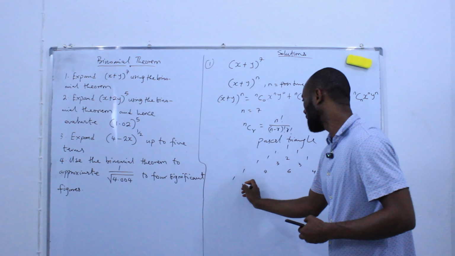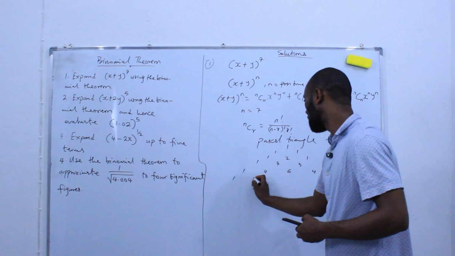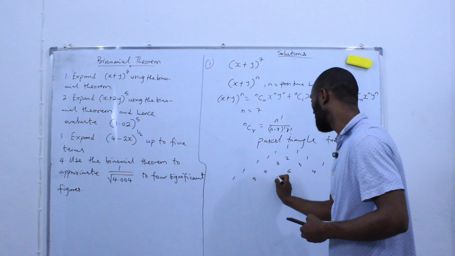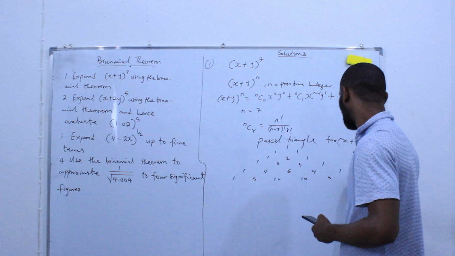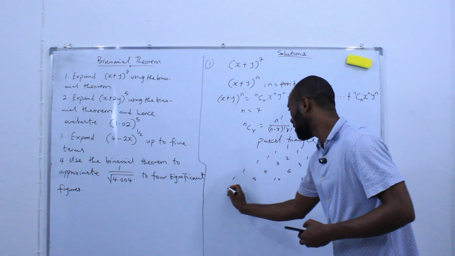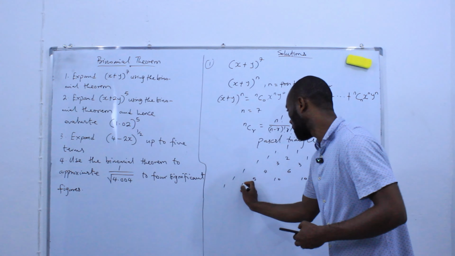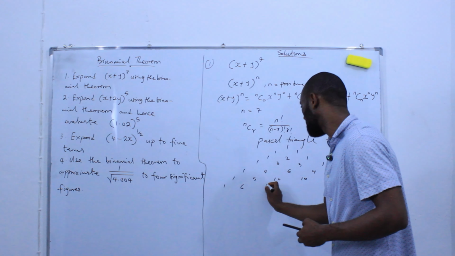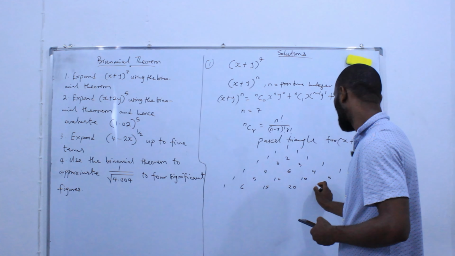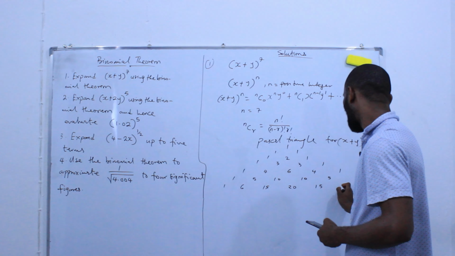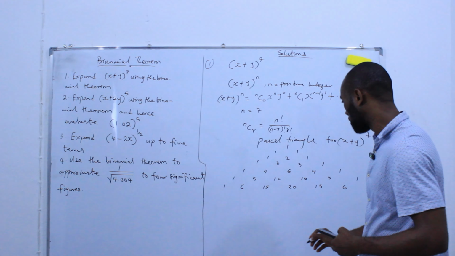You have 1 here, 1 plus 4 is 5, you have 10, then you have 10 again, you have 5, and you have 1. Here you have 1, 1 plus 5 is 6, you have 15, you have 20, you have 15 again, you have 6, and then you have 1.